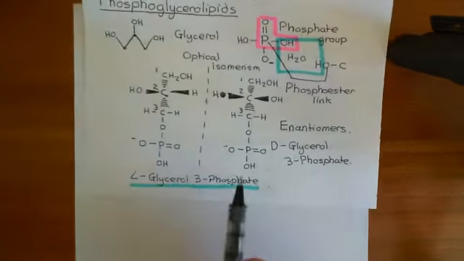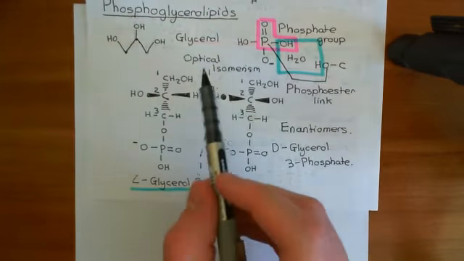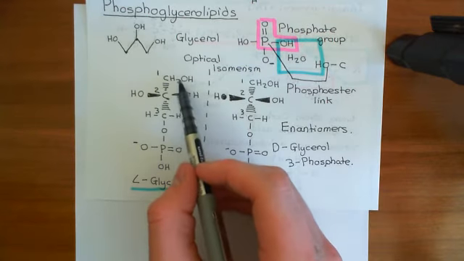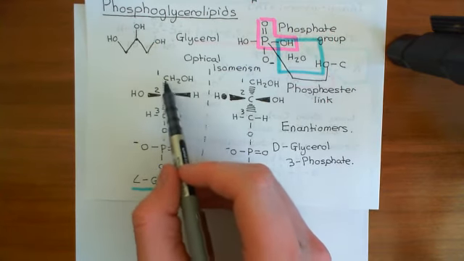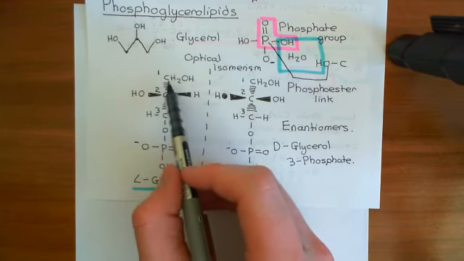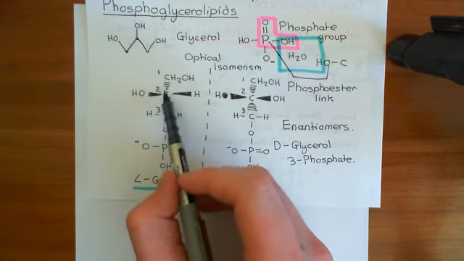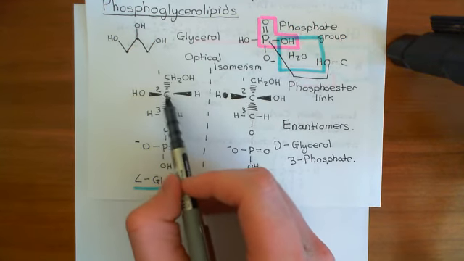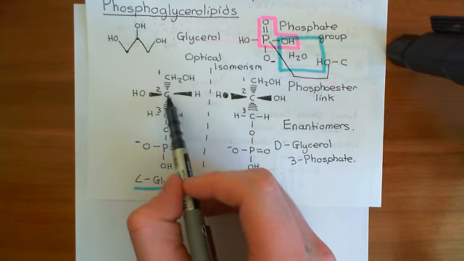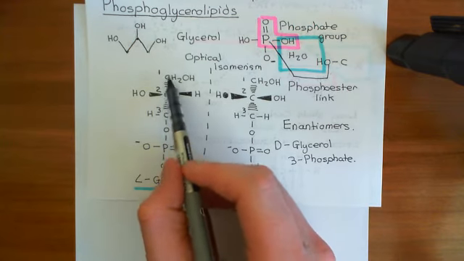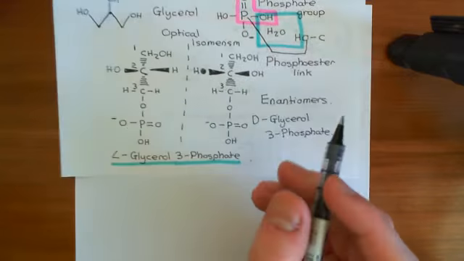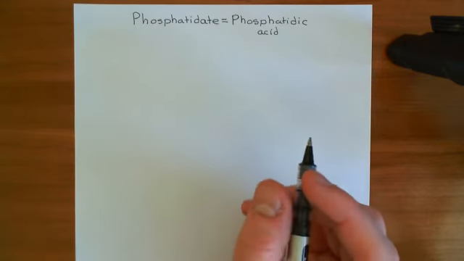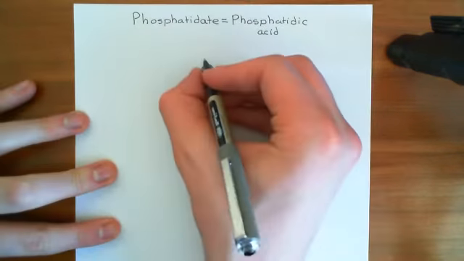Now clearly there is not just one phosphatidate molecule, because you don't have to have a set long-chain carboxylic acid esterified to each of these alcohol groups coming off the first and the second carbons of the glycerol molecule. So there is scope for variation there.